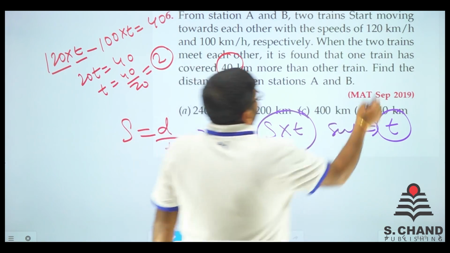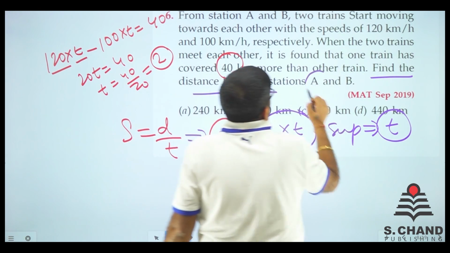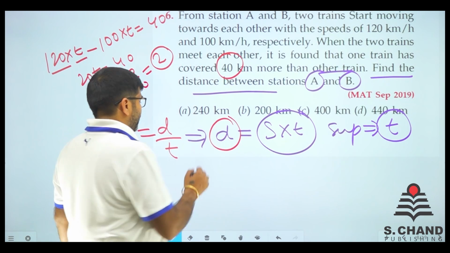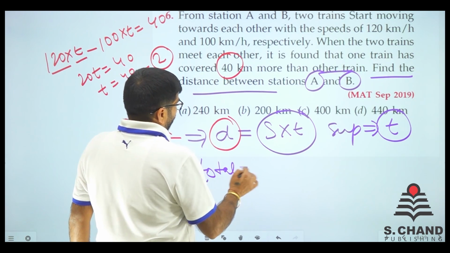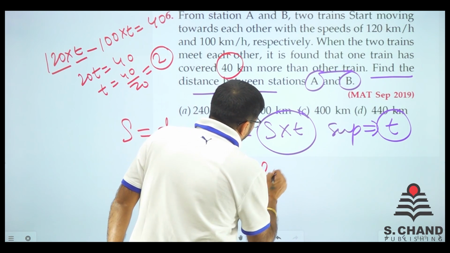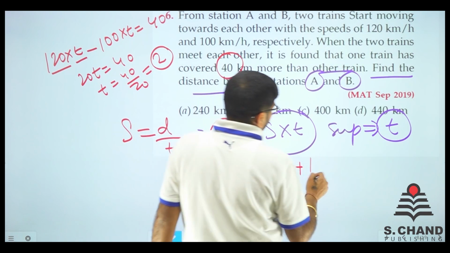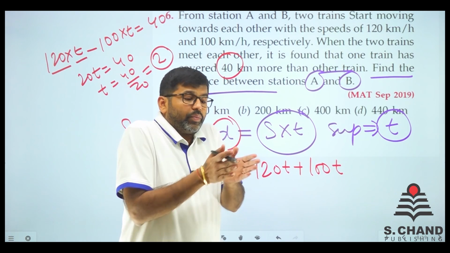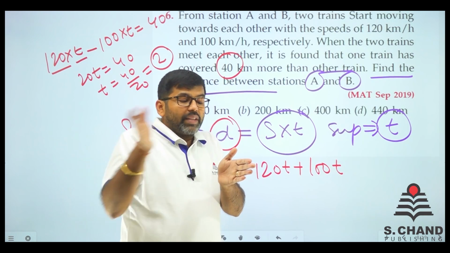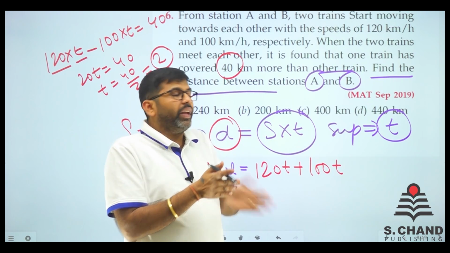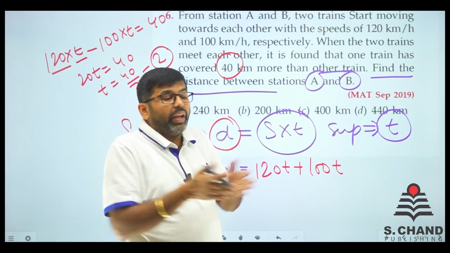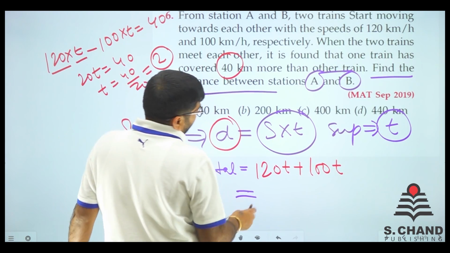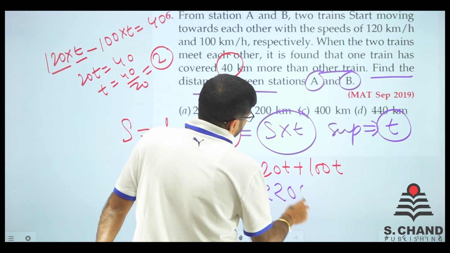Now what is asked? Find the distance between station A and B. We need to find the distance, right? Now the total distance is 120T plus 100T. Total distance will be that only, because if they meet at a fixed point, then one train has traveled 120T, the other train has traveled 100T, and that will be the total distance. So that will be 220T, right?